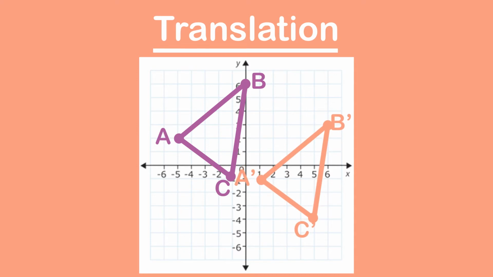So the transformation is a translation right 6 and down 3. This can be written as (x + 6, y - 3). Since right is a positive x direction, that is where the x + 6 comes from, and then down is a negative y direction, so it will be y - 3.